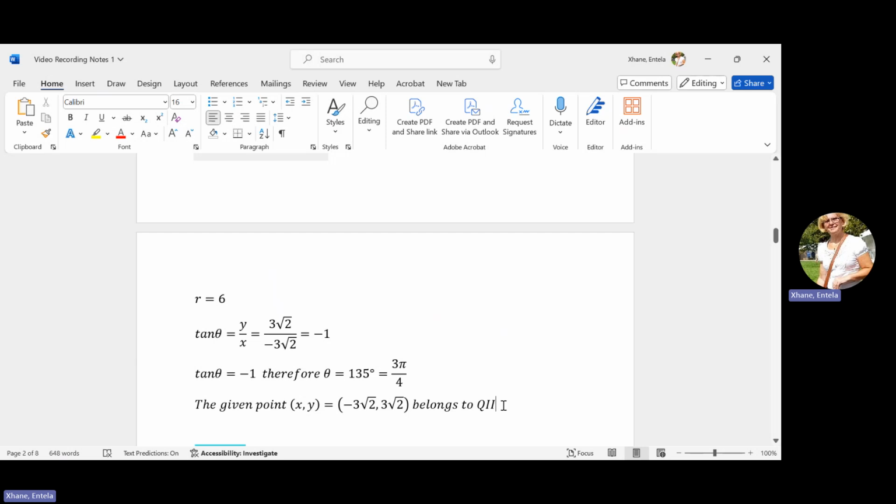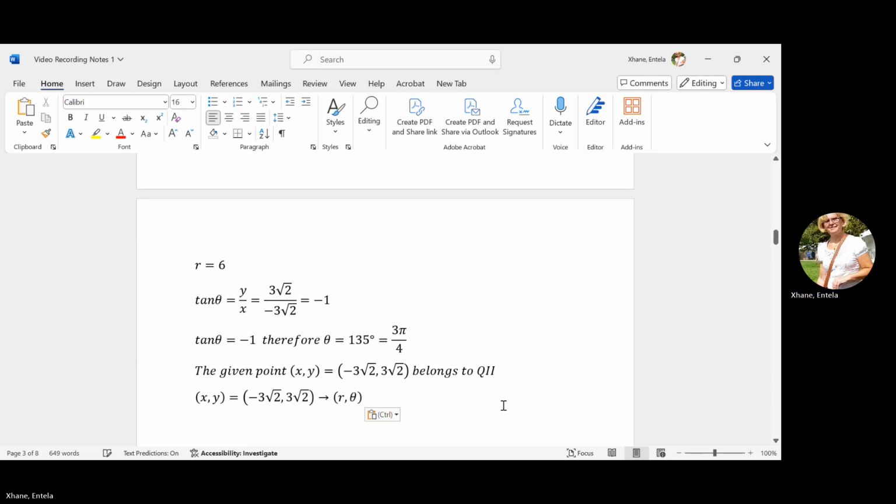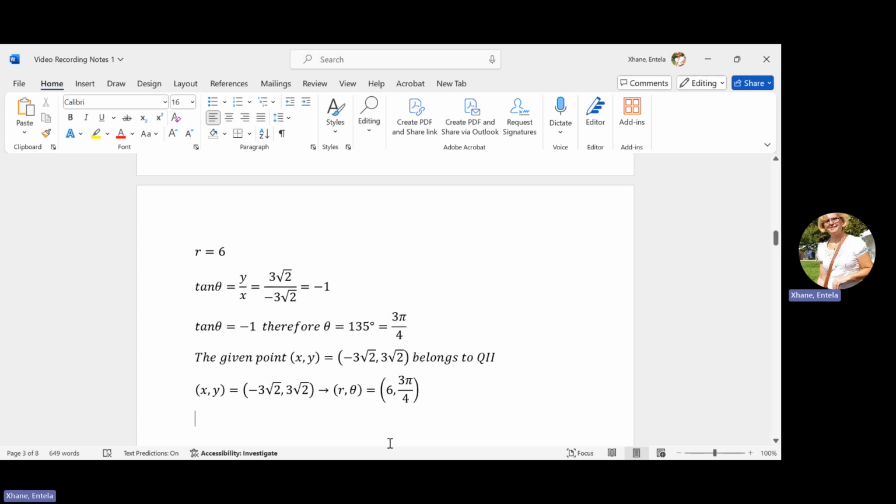So therefore, my given point will be equal to the ordered pair 6 comma 3 pi over 4. That's it. So now let's transition to example number 4.